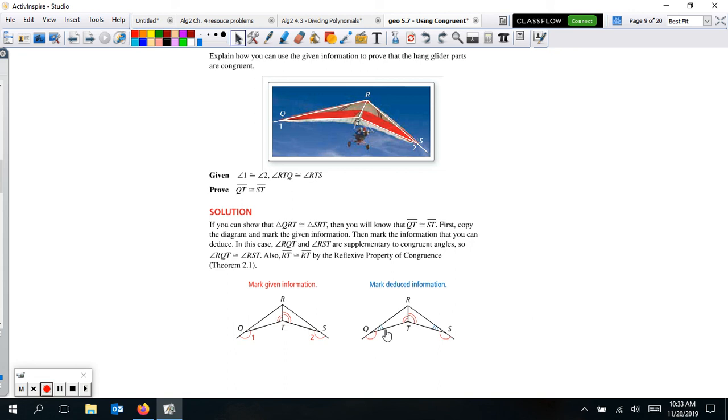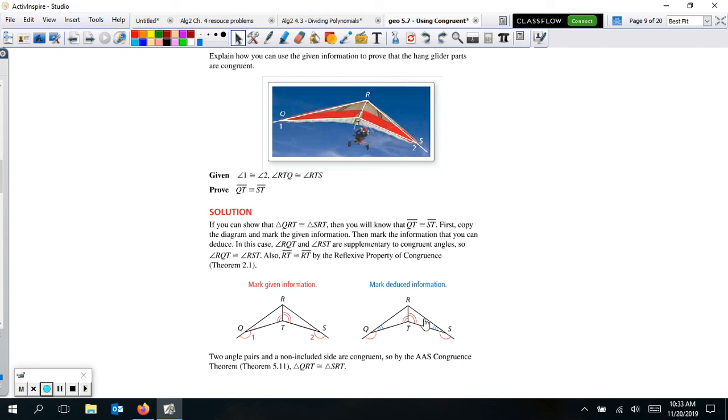From that point we have angle, angle, side, that's the AAS congruence theorem. So now we can conclude that these two triangles are congruent. What we're trying to prove here is that QT is congruent to ST. So QT here is congruent to ST here, and that would be true at this point.